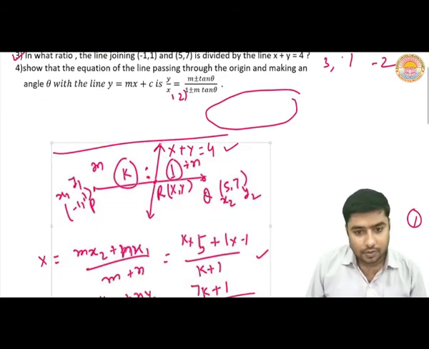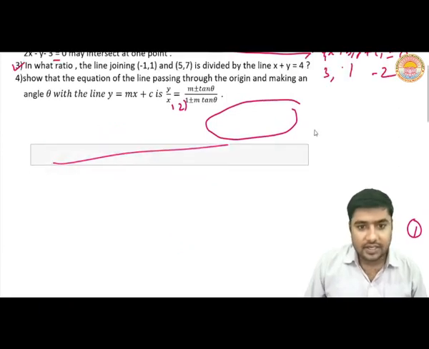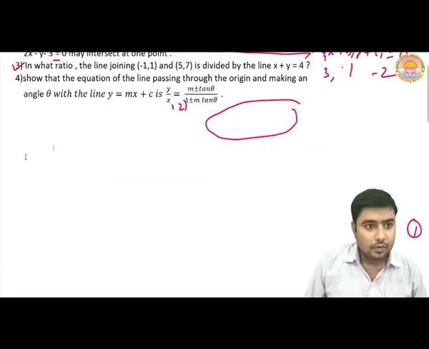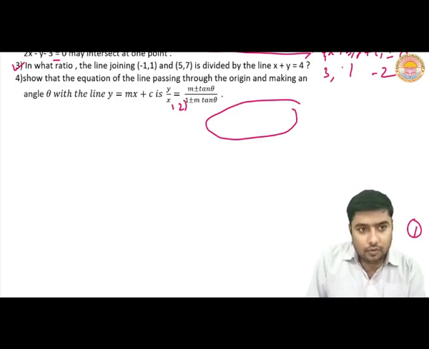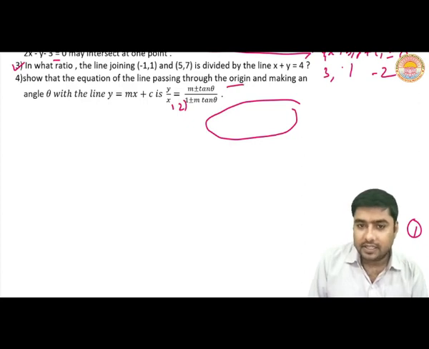Okay, next question. This is the miscellaneous exercise. This is another type of question. We have already discussed this category. Show that the equation of the line passing through the origin, making angle theta, is what we want to prove. A line passes through the origin (0, 0), making an angle theta.